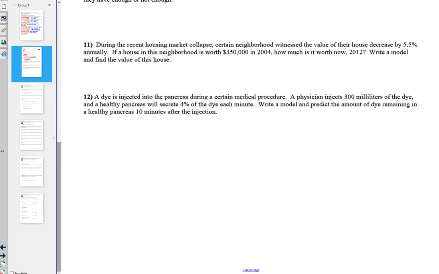So what type of model is this? It's a decay. The amount after some time, if you even want to do it, we can call it M. If we know time is being measured in minutes, we can say the amount after t minutes is equal to the original amount, which is 300 milliliters, times 1 minus, because you're going to lose 4%, to the power of t minutes.